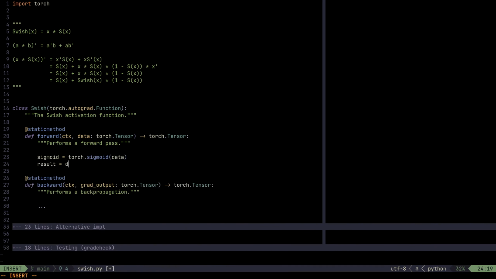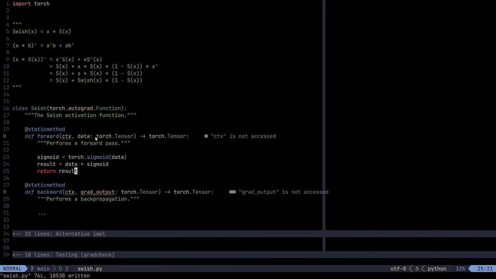And then we can return this. Now, what we do here is pretty much what we have here, right? We multiply x by the sigmoided x. We apply sigmoid onto data, and data is the x here. So we pretty much followed the formulas there.